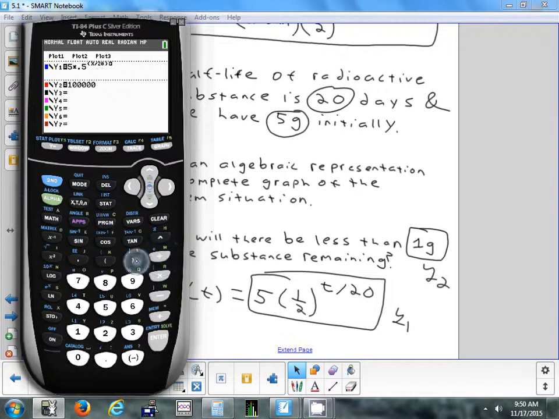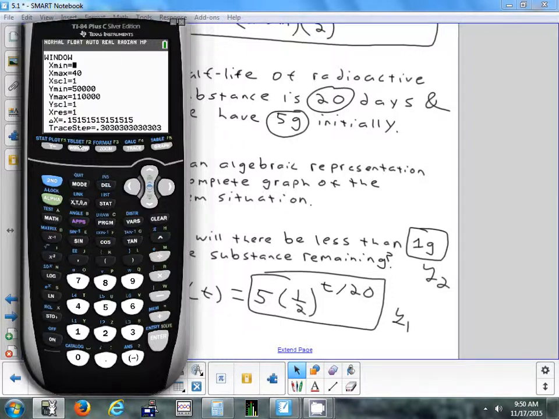I'm going to put a line in at 1. And for my window, okay, we're never going to have more than 5 grams. I know it can never be less than 0. Okay, it's just going to get smaller and smaller. And let's graph that and see how it looks.